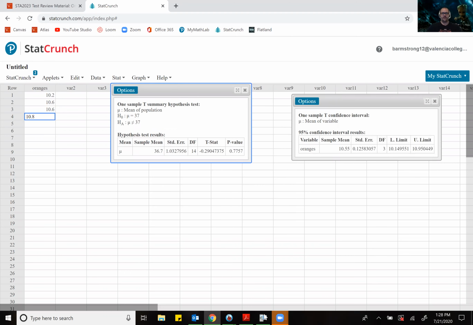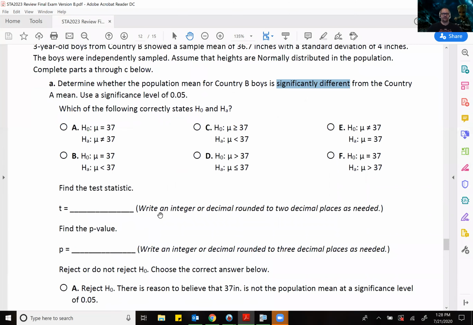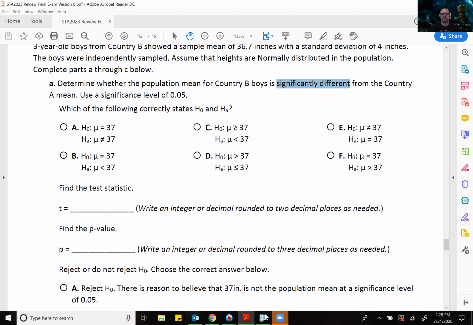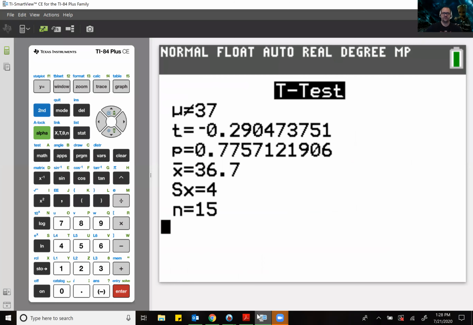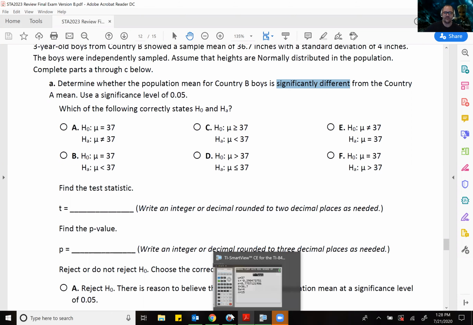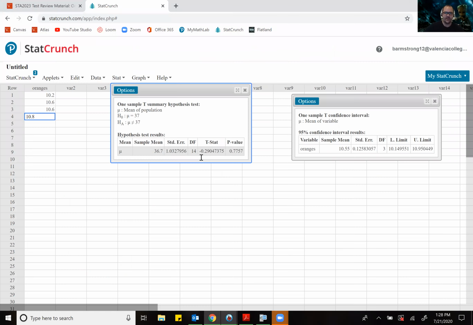So let's fill in what we know. Our t is equal to, it says round to 2 decimal places, and our p-value says round to 3 decimal places. Our t equals, I like to use StatCrunch, negative 0.29, because we're doing 2 decimal places.